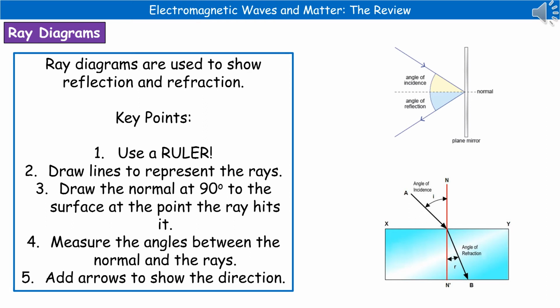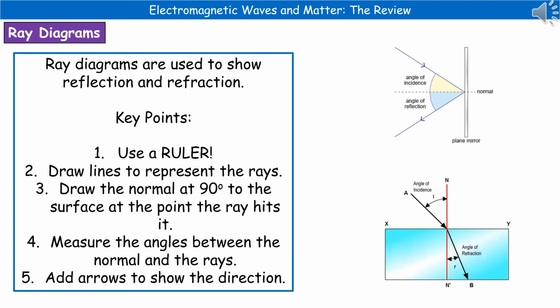So your normal line is at 90 degrees to the actual mirror. So what we do is we have our angle of incidence measured, and then on the other side we measure the exact same angle, and then we know our angle of reflection, because hopefully you remember that the angle of incidence is the same as the angle of reflection.